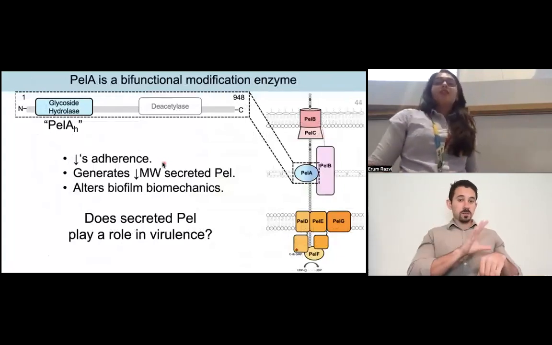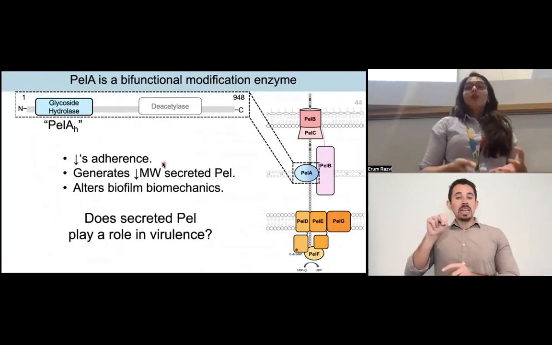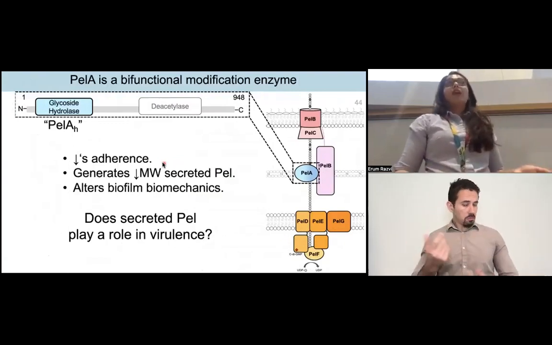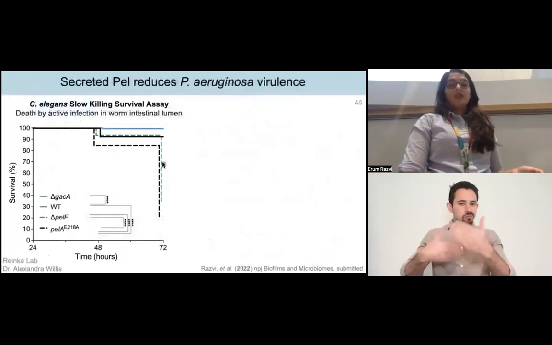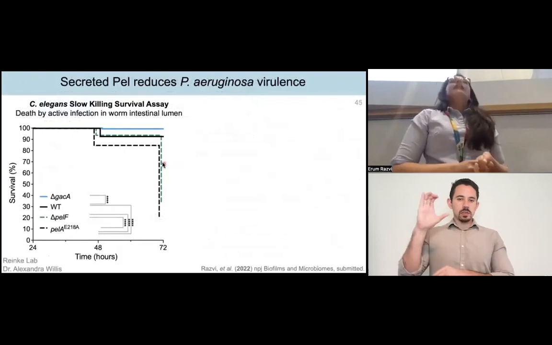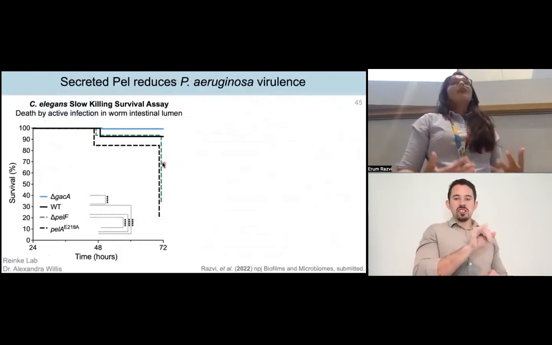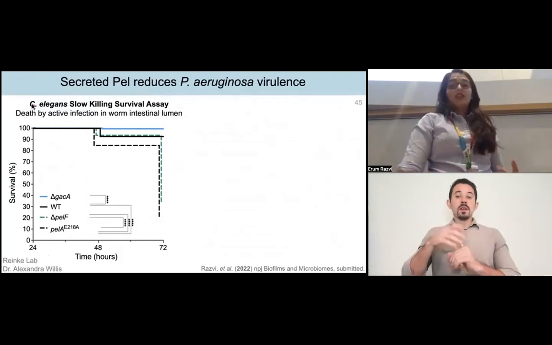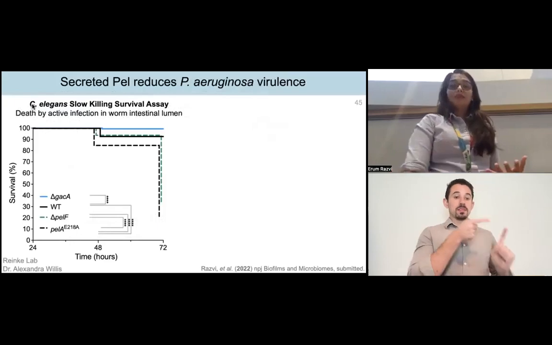So knowing that the generation of secreted Pel influences biofilm biomechanics, we wondered if virulence would be affected as well. In collaboration with the Renke Lab, Alex performed an infection model using C. elegans, where death of the worms is due to infection in the worm gut through consumption of PA14.